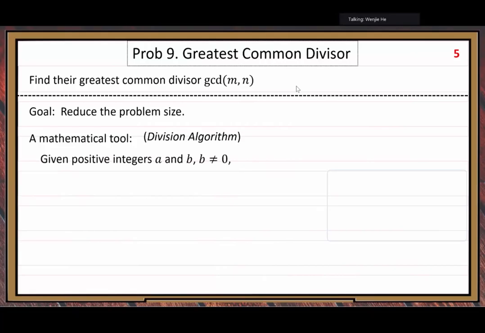So here, let's write a theorem. We write integer division as a basic theorem.